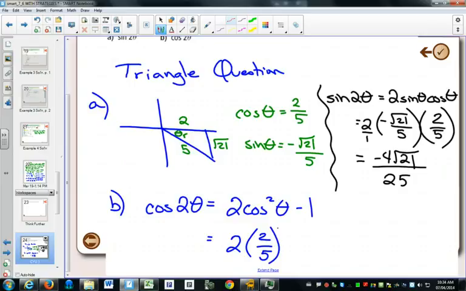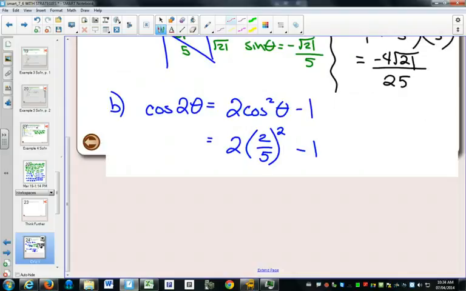And since it's cos squared, that 2 over 5 will get squared as well. Still have the minus 1 there. Because cos of theta was 2 over 5, so cos squared of theta will be 2 over 5 squared. Multiply this out.